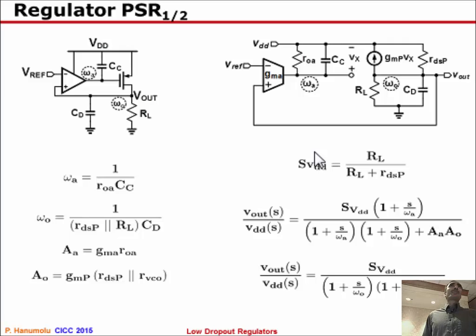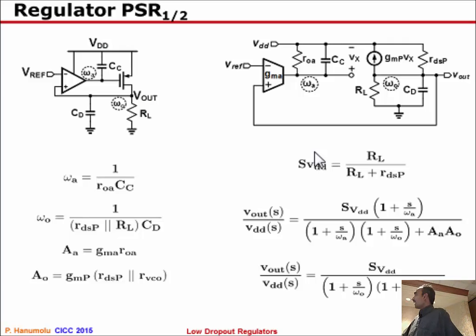Again, in terms of first principles, this is no different from doing a frequency response of a standard amplifier, except for the input is at VDD, output is at out. So you can draw the small signal equivalent model such as the one I'm showing here, and lo and behold, one can calculate the transfer function Vout over VDD, which is the power supply rejection, to be this.